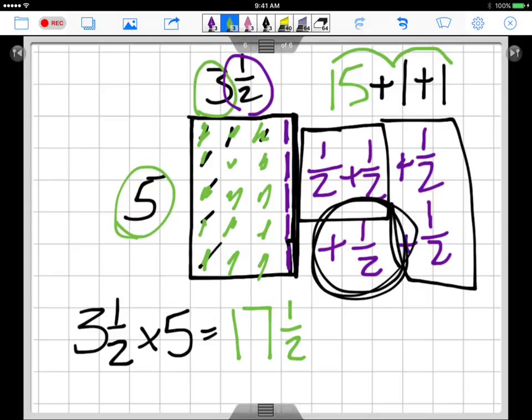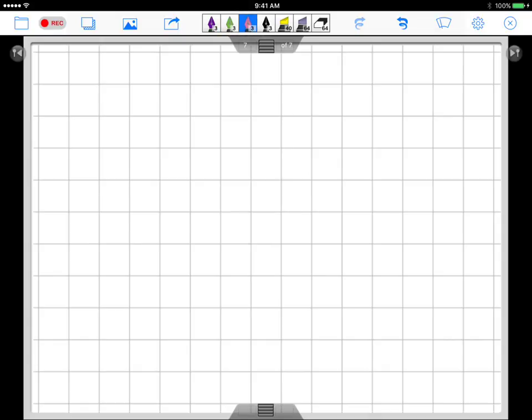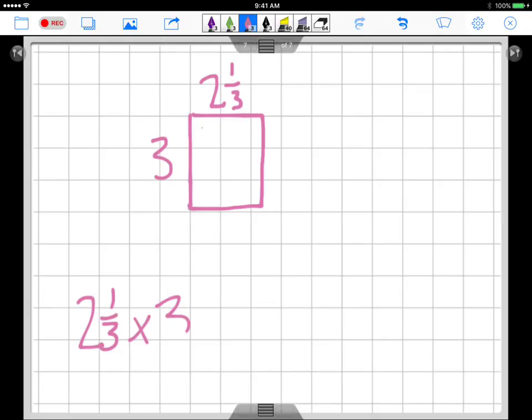I'm going to give you one final example. Let's say that I've got this, and I've got 1, 2, and 1/3, and I've got times 3. My expression is 2 and 1/3 times 3 equals something.